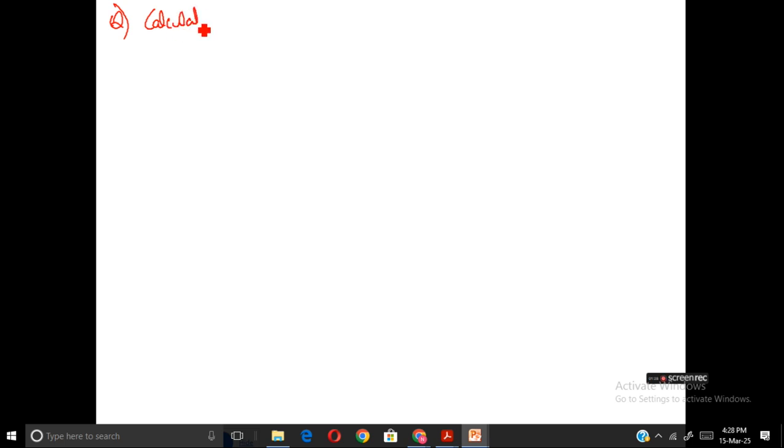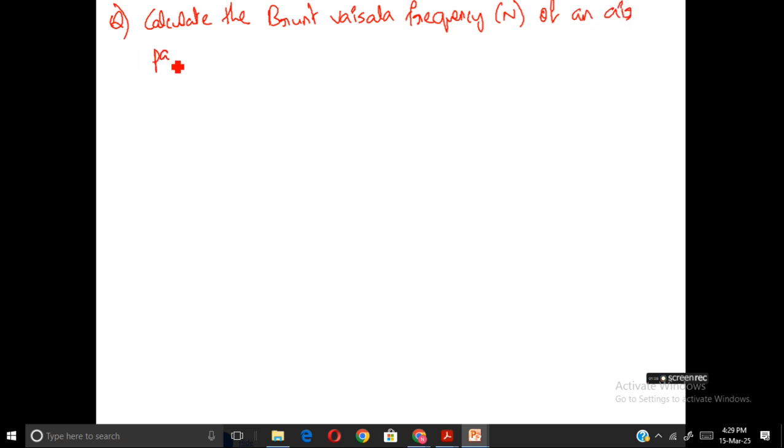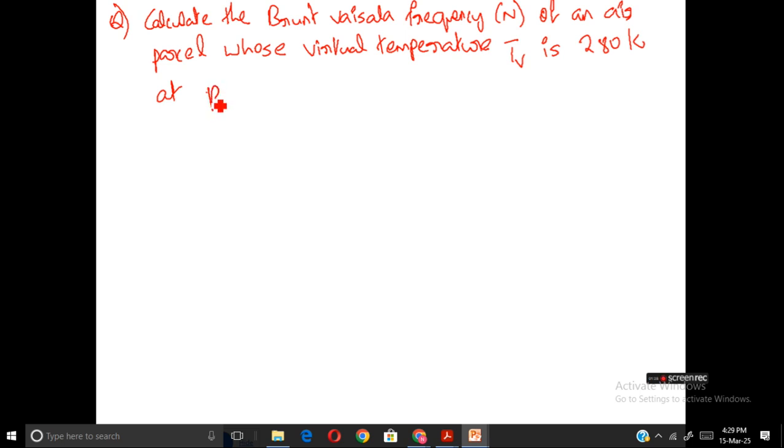Calculate the Brunt-Väisälä frequency n of an air parcel whose virtual temperature Tv is 280 Kelvin at P is equal to 750 hectopascal.